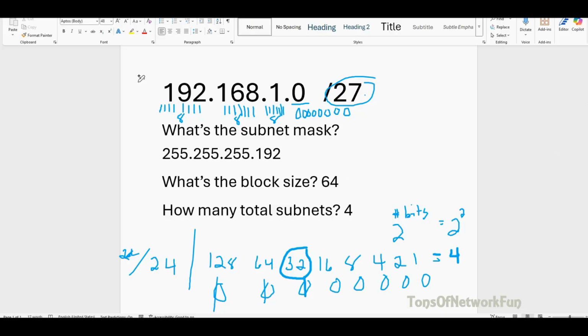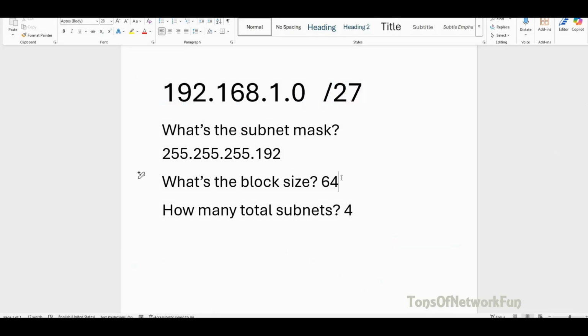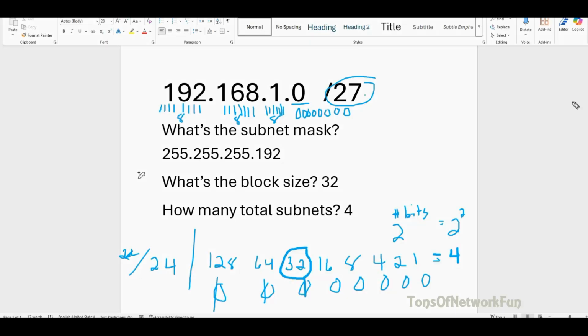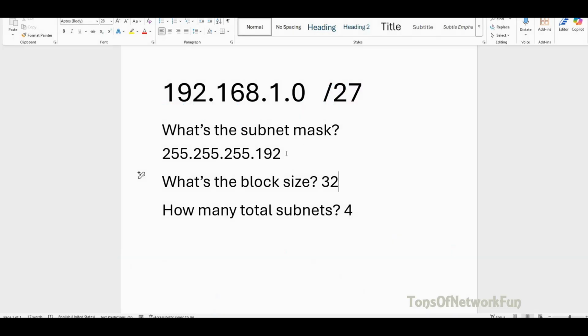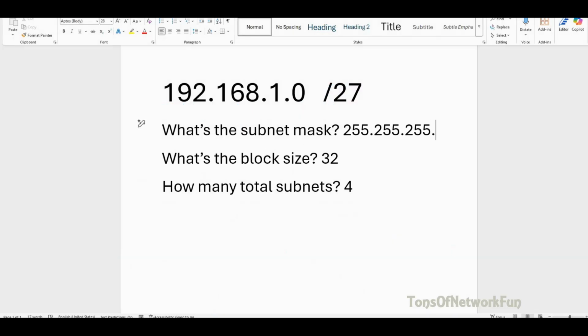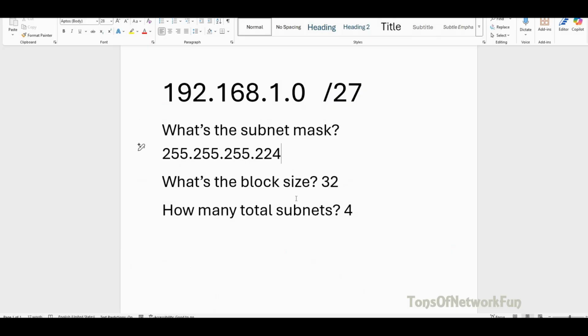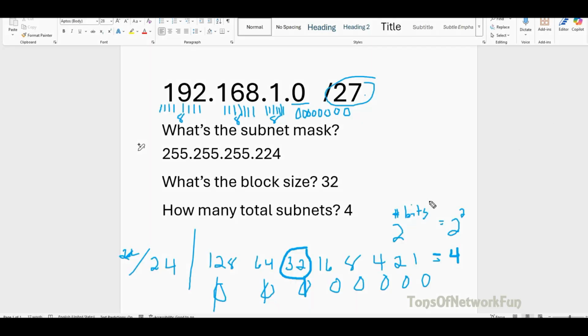So that's the block size for each subnet. Subnet mask: we are here, 3 bits borrowed. So 128 plus 64 plus 32 equals 224. 2 to the number of bits borrowed, 2 to the third, right? So 2 times 2 is 4, times 2 is 8 subnets we get. So 8 subnets here.